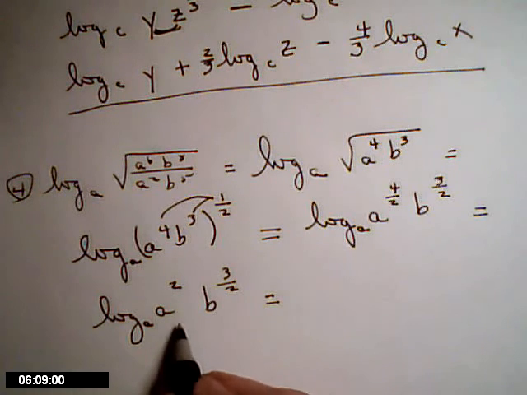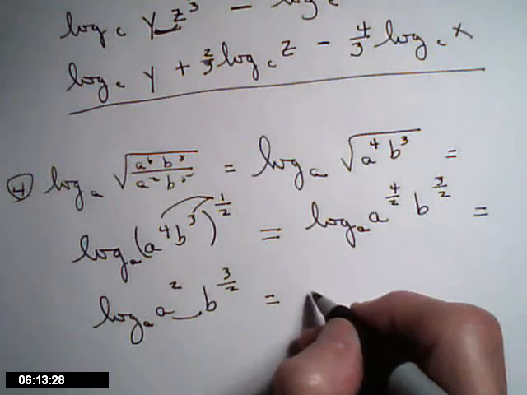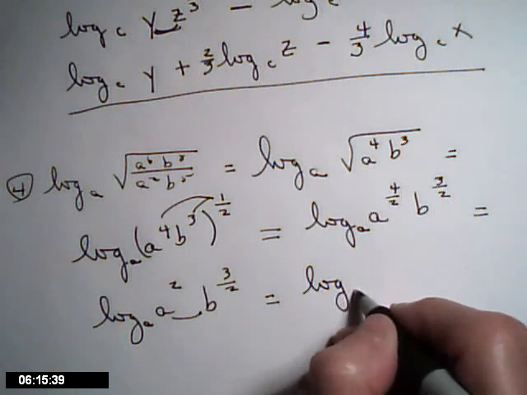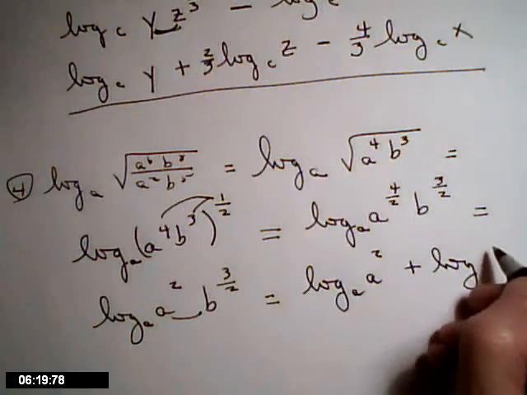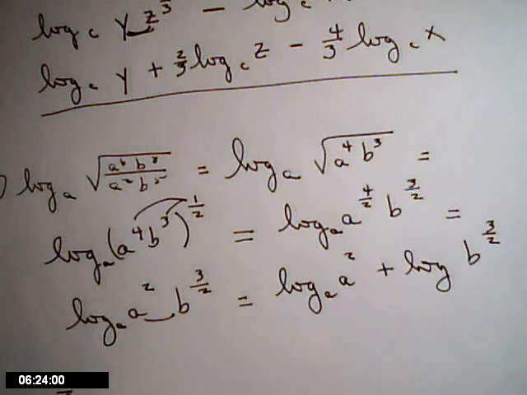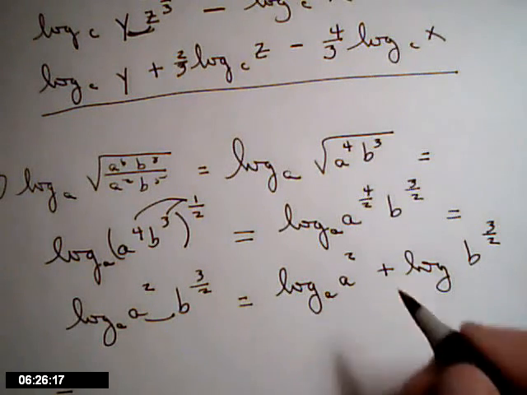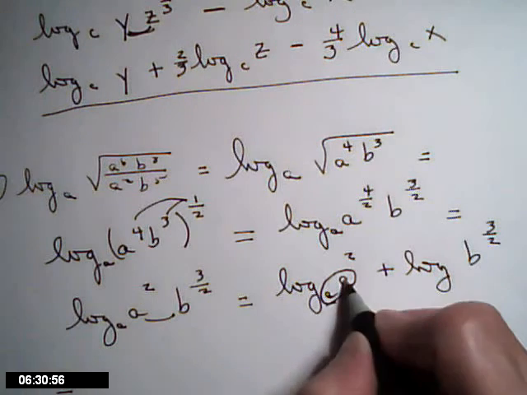Now here's where we're going to say that we have multiplication, so we need to separate by addition. Log base a of a squared plus log base a of b to the 3/2. Now remember our lesson before, such that we have a base and an argument that's the same, a and a.